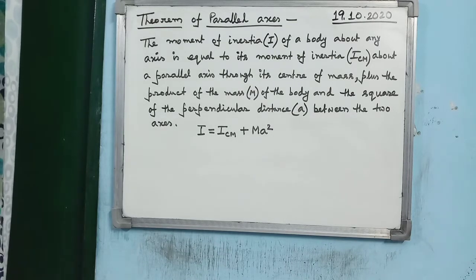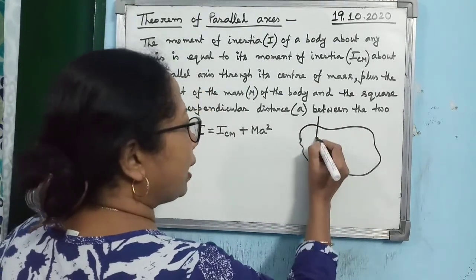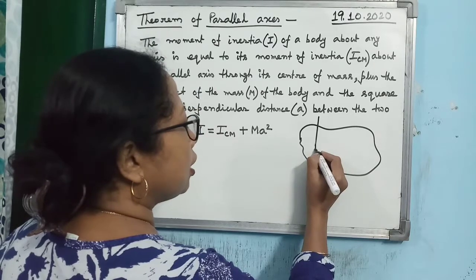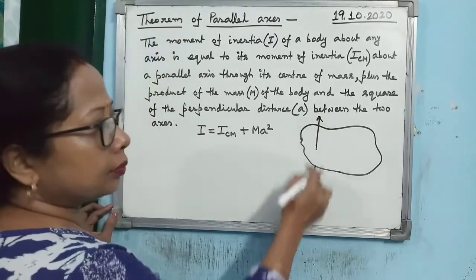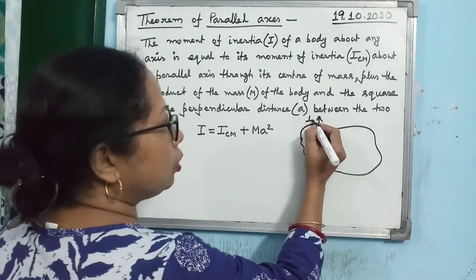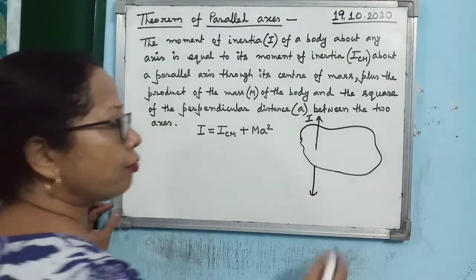So what is the meaning? Just try to understand it. Suppose there is a body, and you have to find out the moment of inertia of the body about this axis. So you have to find out I, the moment of inertia about this axis. Then how can you find it out?